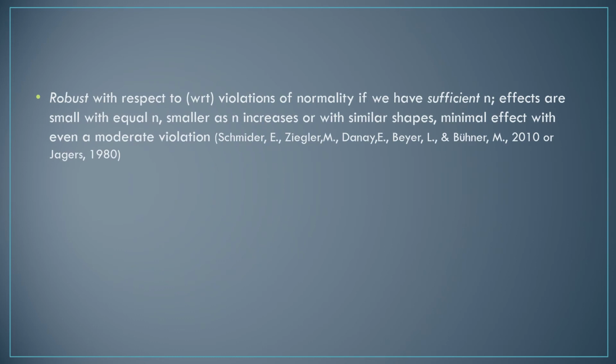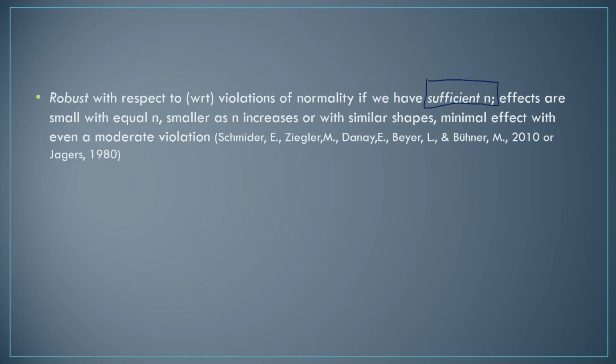Usually if you do have a violation of the assumption of normality for the errors within ANOVA, the ANOVA is going to be robust enough to overcome any of those violations of normality if you have a sufficient sample size.